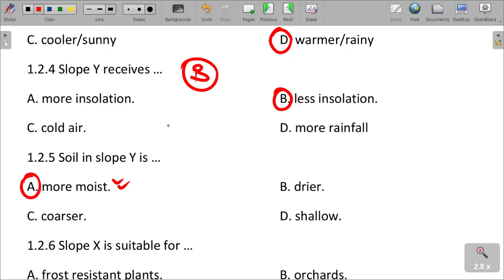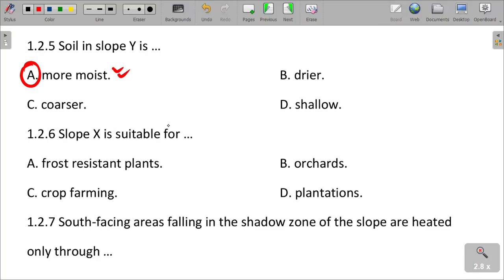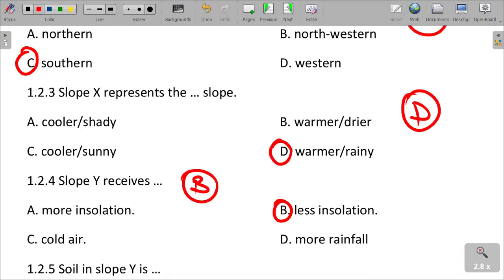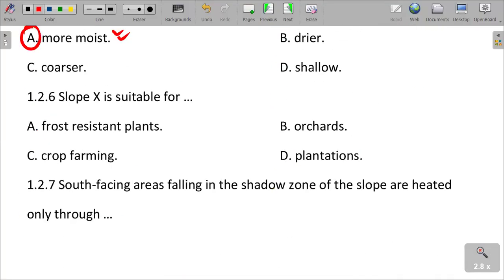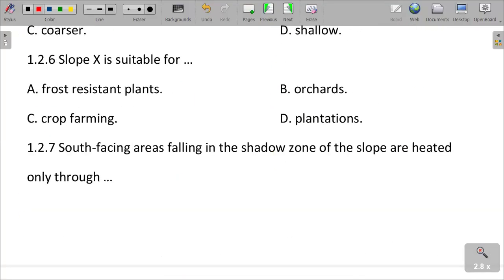And then slope X, which we said is warmer and rainy. So it is suitable for what? It is suitable for crop farming.